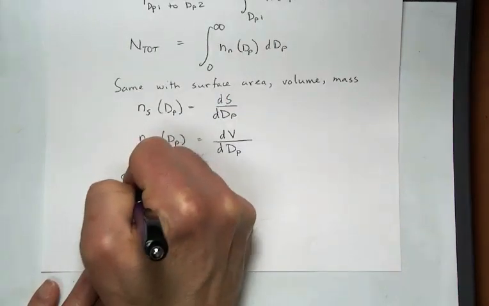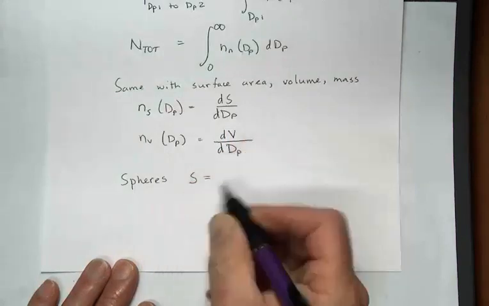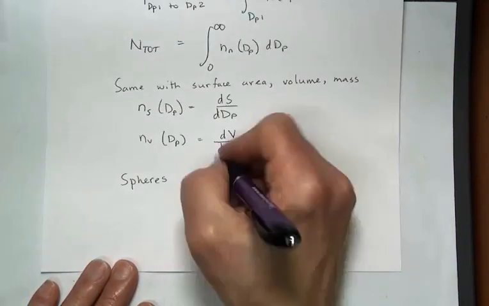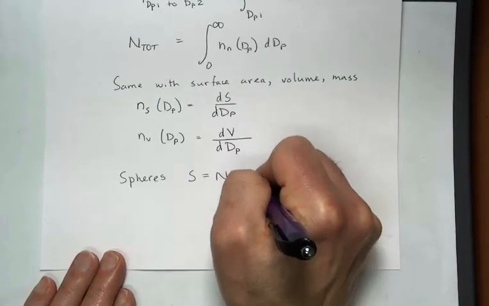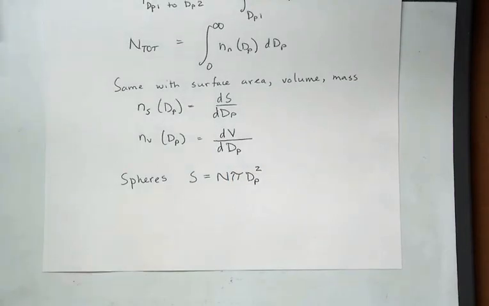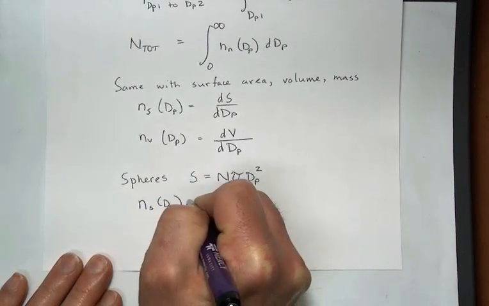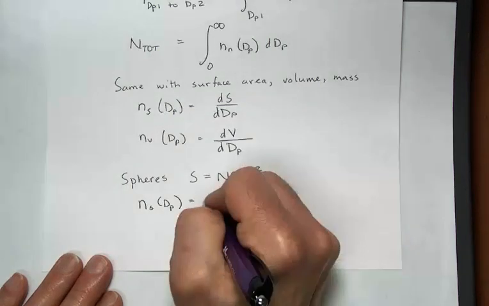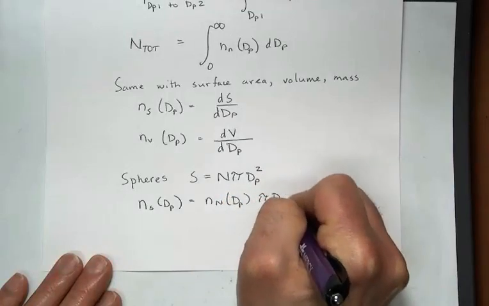So for spheres, the surface of a bunch of particles is proportional to the number of particles times pi diameter squared, so then the surface distribution function is also proportional to the number distribution function times pi dp squared.